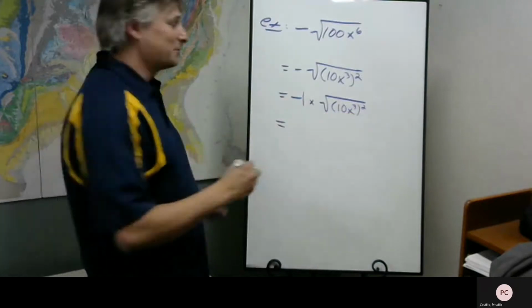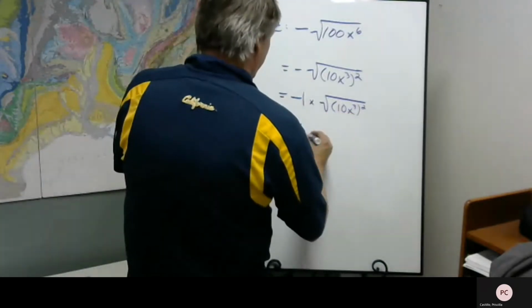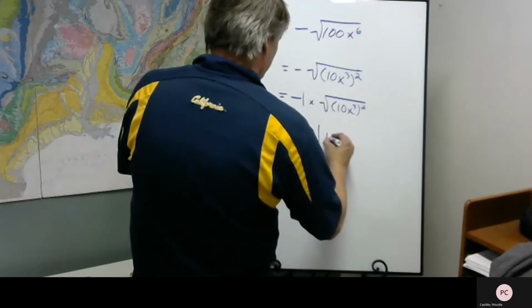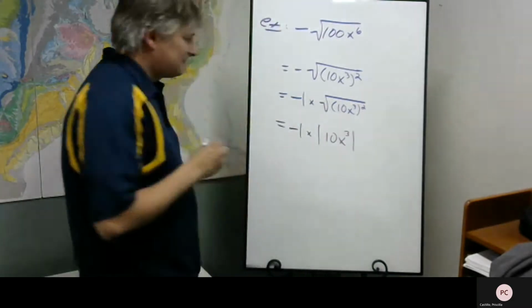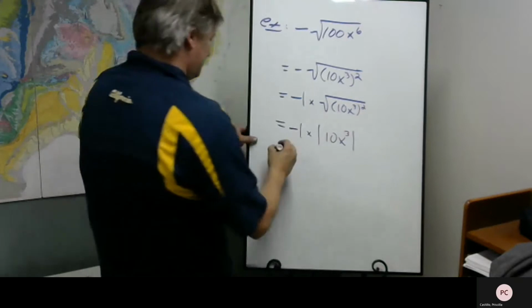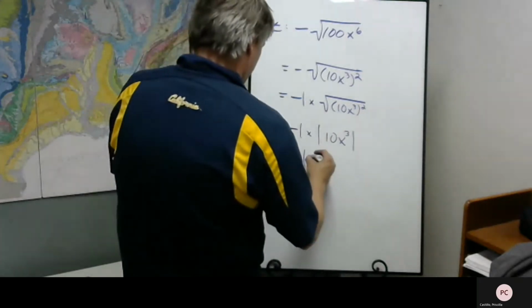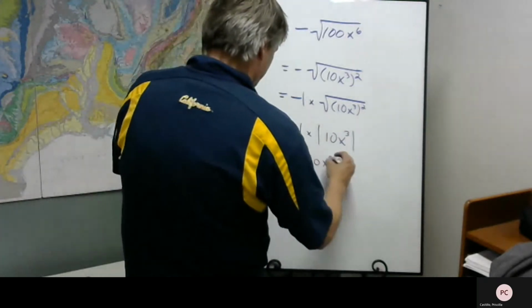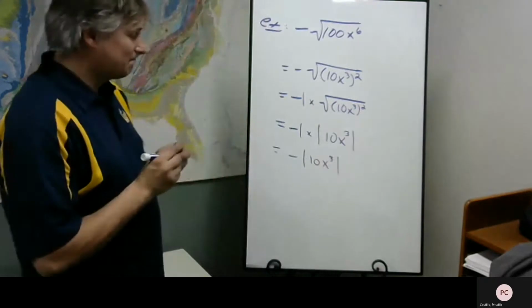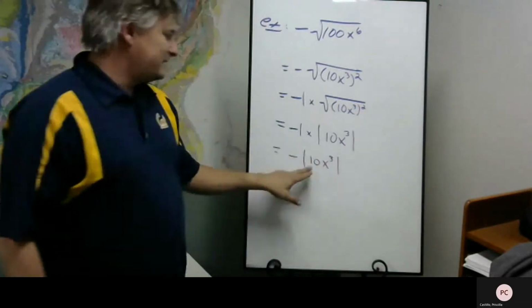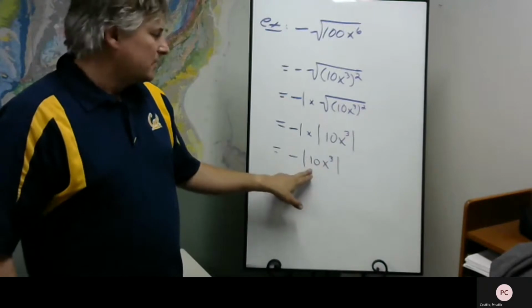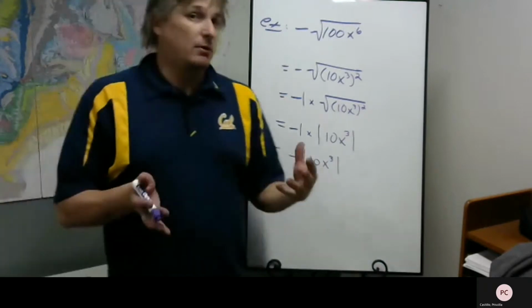That means we're taking the square root, or the absolute value. So we could just put a negative like so. Now, the 10's always going to be positive. So now the x might not be always positive.